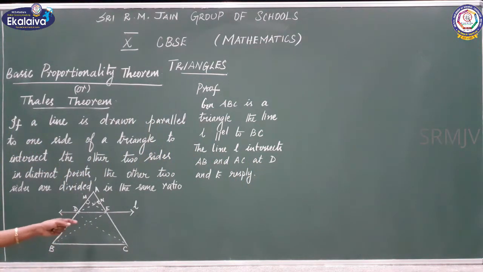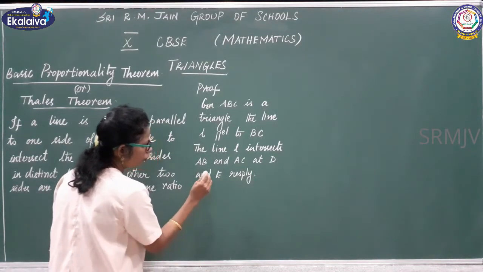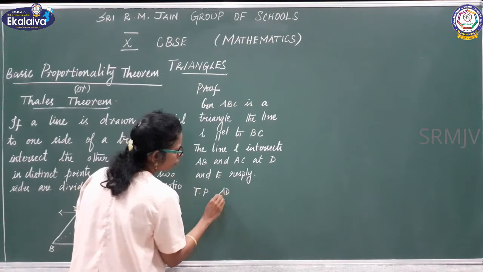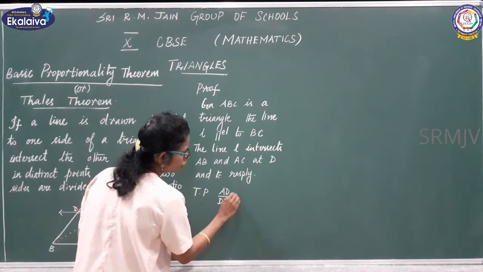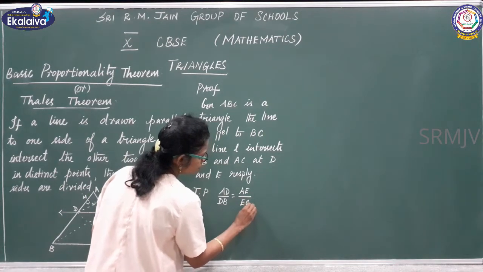Next, what we want to prove, I said, to prove AD by DB equal to AE by EC.